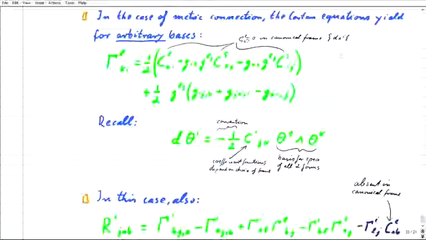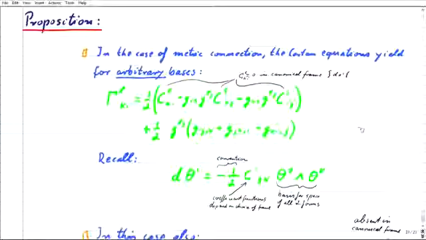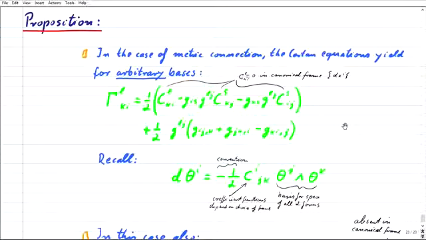Now, just to wrap this up, what happens when we allow ourselves to choose designer bases? It comes with advantages and disadvantages. Let us now look, for example, at that calculation again of the Christoffel symbols in terms of the metric.